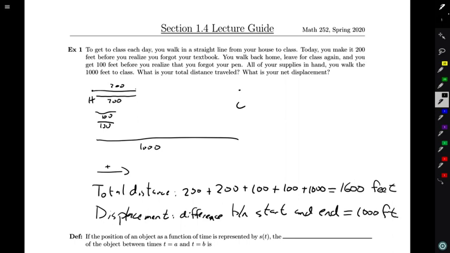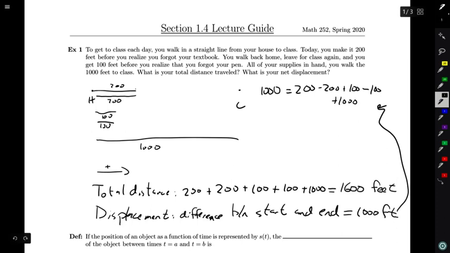Note that we could have thought about this 1,000 feet as treating distances moving towards class as positive and distances moving away from class as negative. So in addition to thinking about this just as the difference between the starting and the ending point, we could view this 1,000 here as 200 feet towards class minus 200 feet away from class, plus 100 feet towards class, minus 100 feet away from class, plus the 1,000 feet to class.